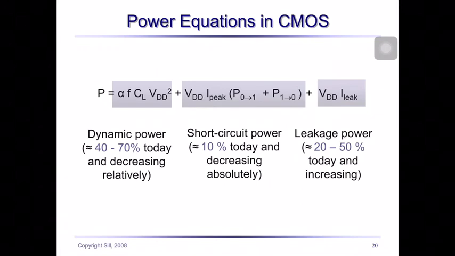And then the next one is the leakage power, and this can be 20 to 50% of the power consumption, and the smallest power is the short circuit power. So this is the decreasing power.